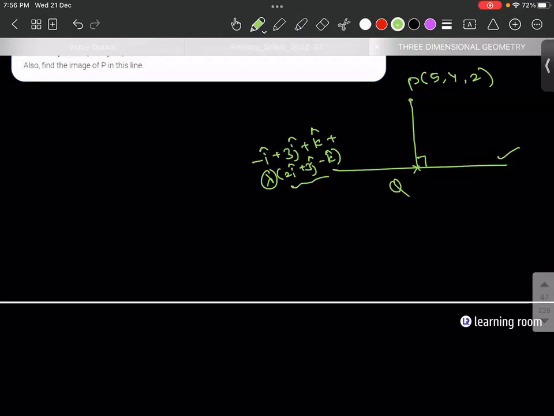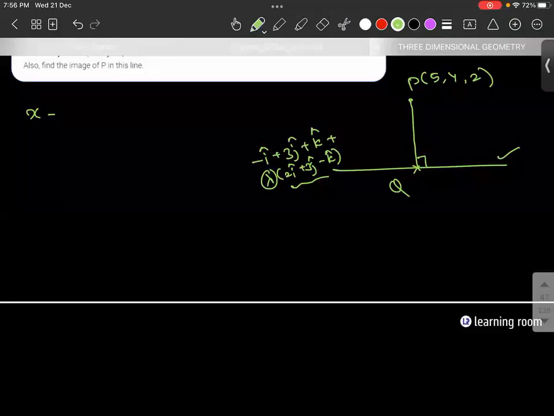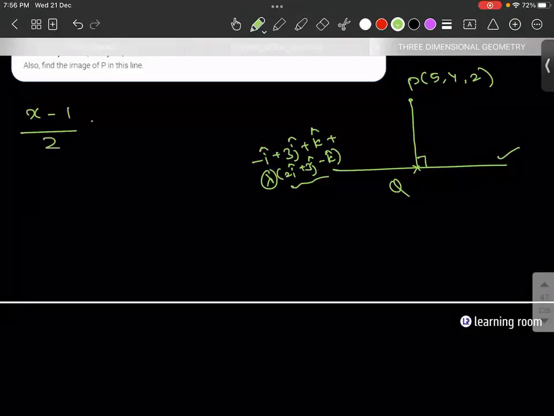So if I write the same thing in Cartesian form, then what will I get? (x plus 1) by 2 is equal to (y minus 3) by 3 is equal to (z minus 1) by minus 1. If I call this as lambda, then x will be how much? 2 lambda plus 1.